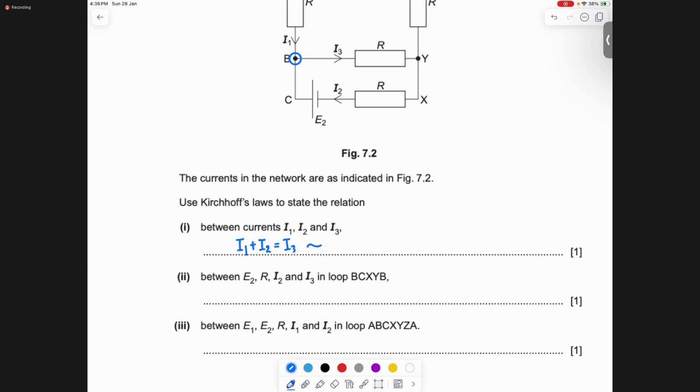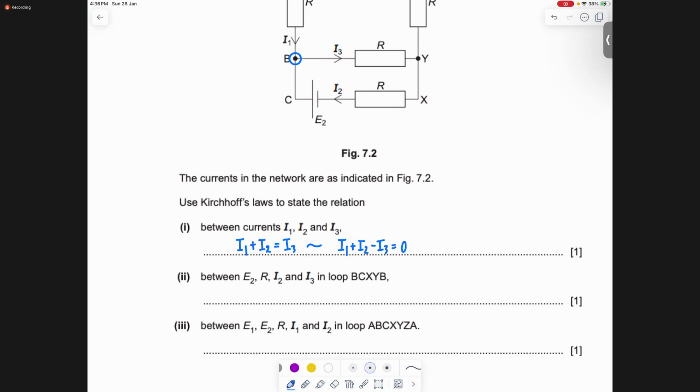However, my recommendation is that you can write this in another way based on the definition that Kirchhoff actually provided. What would that be? Yeah, exactly. What was the version that Kirchhoff said? That the net current at the junction is 0, right? So I1 plus I2 minus I3 is equal to 0.